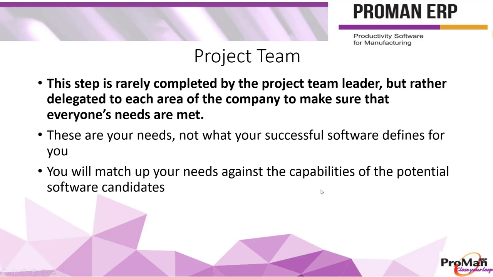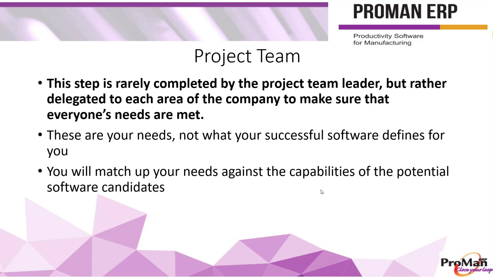All right, so we should have a project team. And this step of requirements gathering is typically not done by our project leader. We need to get the input from all the areas of a company to make sure that everybody's needs are met. This is an ERP system, which means that it is going to affect all of the business processes in our company.